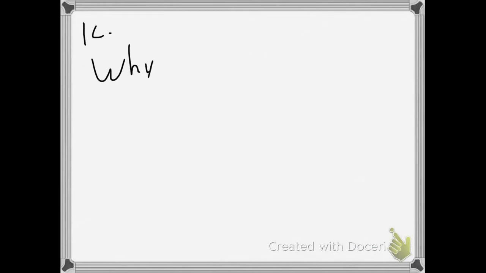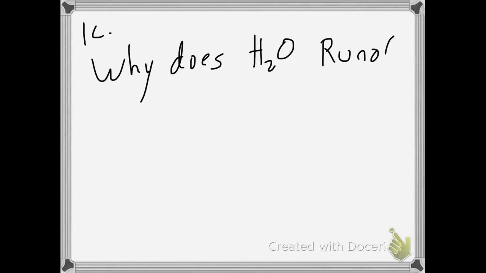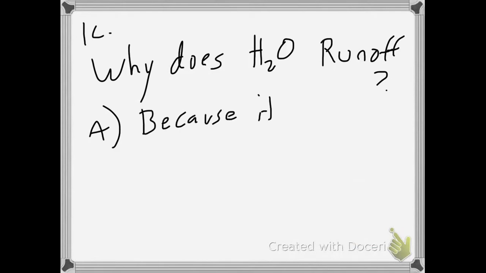Question 1C, a continuation of step number 1, I guess. So why does water run off? What are some factors that can cause water to run off and not actually infiltrate into the ground? So this is a little multiple choice test for you. Is it because it can?